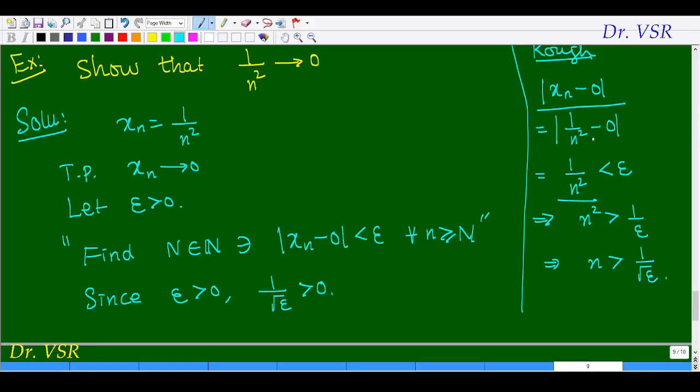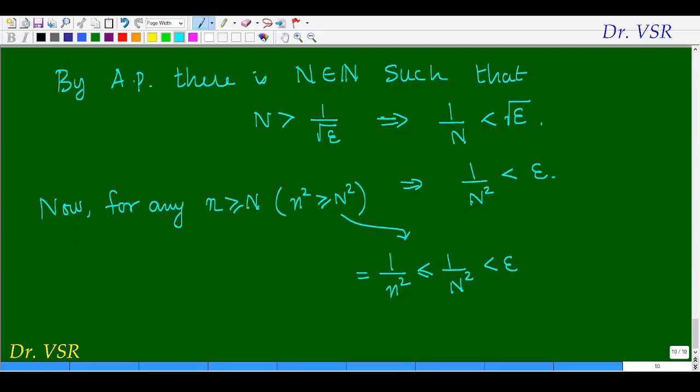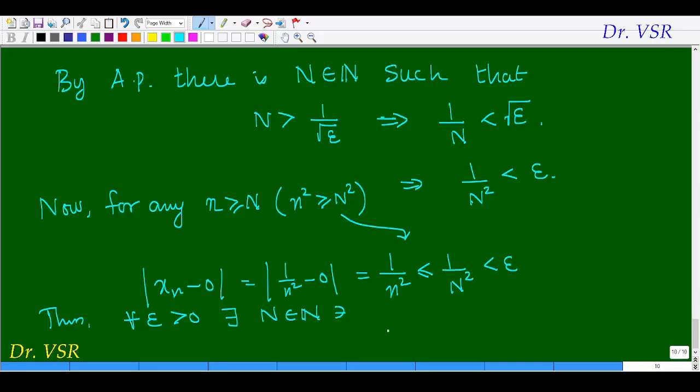Thus we have proved that for every epsilon positive there exists a natural number N such that modulus of xn minus 0 is less than epsilon for every n greater than or equal to N. So this implies that 1 by n square converges to 0.